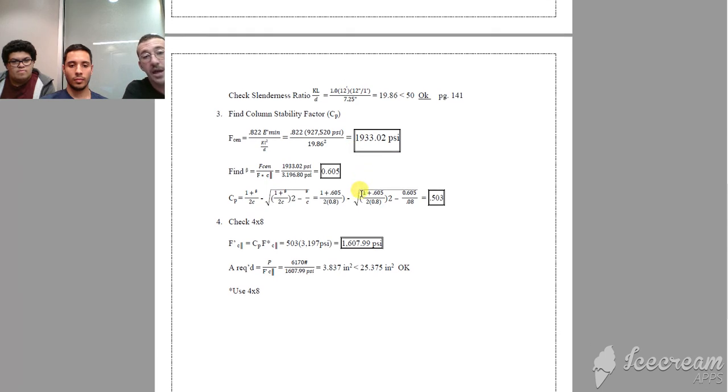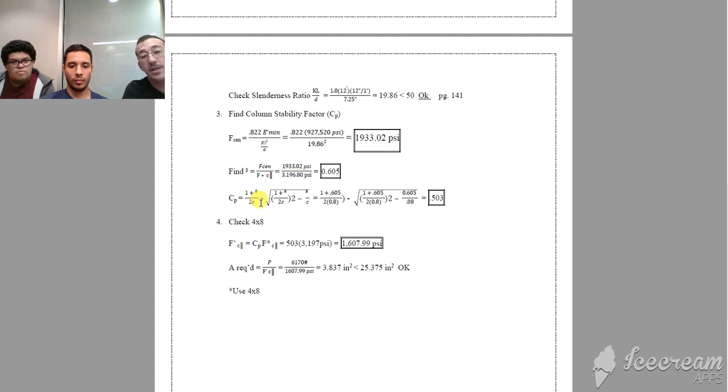So after we did that, we found our big B, and then we set that equal to our FCE over our F star C parallel. After we found this number, we came out with our 0.605, and then that actually came down and was plugged into our column stability factor given formula.